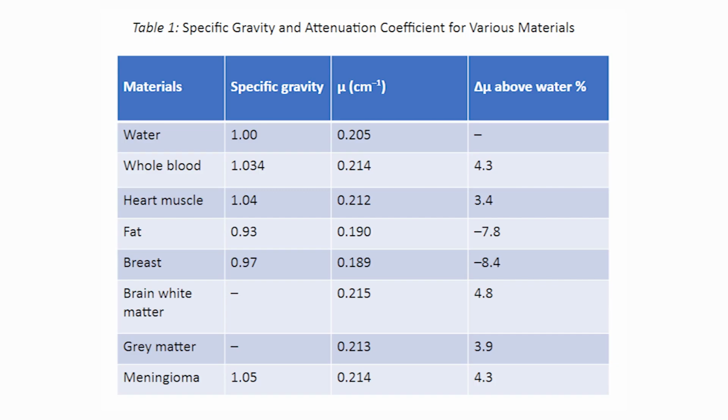Table 1 shows specific gravity and attenuation coefficient for various materials. Here mu is the attenuation coefficient of the materials. Hence, you can conclude the image reconstructed as a result of computerized tomography can be considered as the mapping of densities, as you can see in table 1 with respect to that of water.